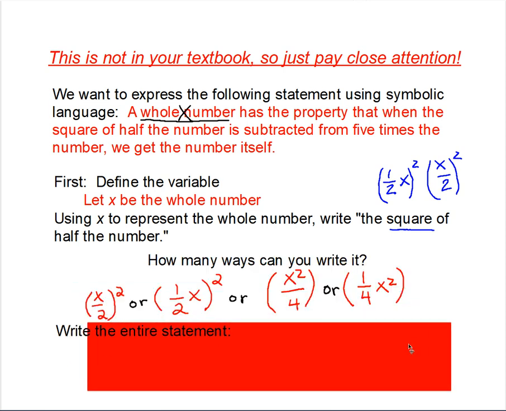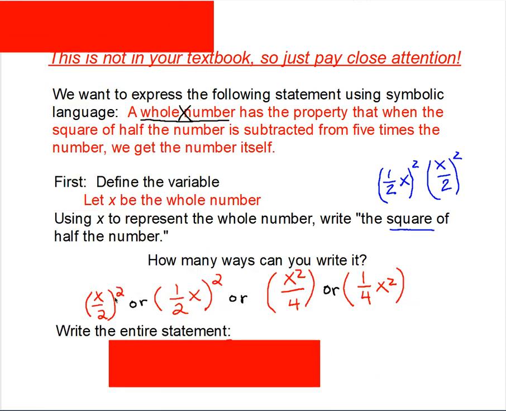For example, we have x over 2 squared. We have our 1/2 x squared. But if we distributed that squared symbol to one of these, we could say x squared, and 1/2 squared is 1/4. See how it's down there on the denominator?